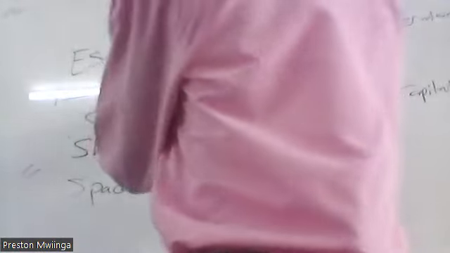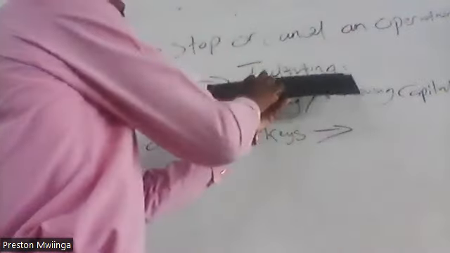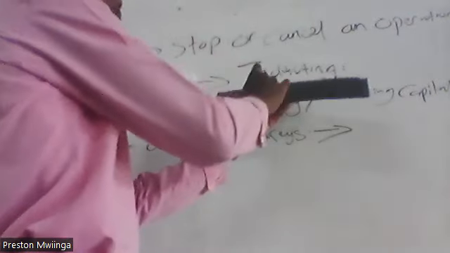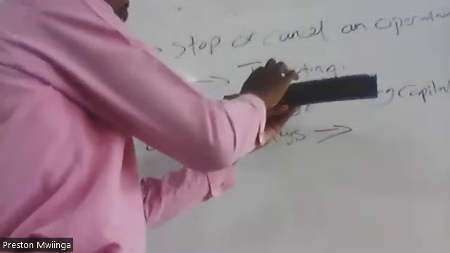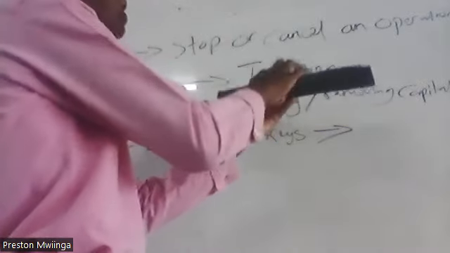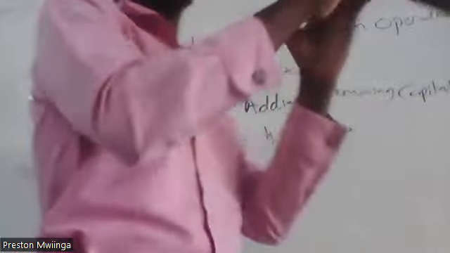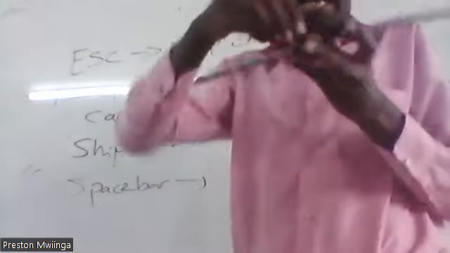So meaning as you are typing, ensure that you make the space bar your friend. Once you're typing, my space, very space, own space. So meaning you'll be working with this guy.